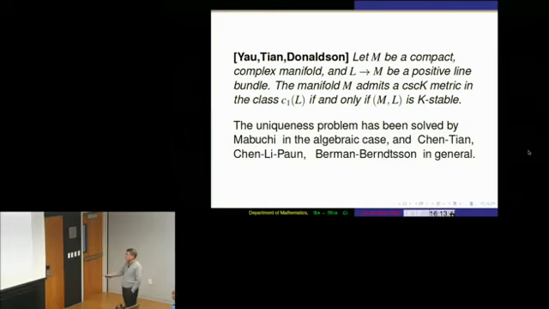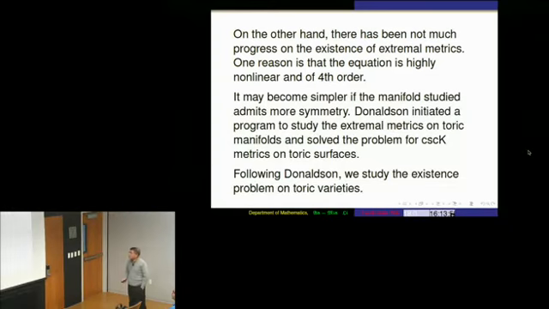The uniqueness problem has been solved by Mabuchi in the algebraic case and by Chen, Tian, Chen, Li, Hao, Berman, and Darvas in the general case. On the other hand, there has been not much progress on the existence problem. The reason is that the equation is highly nonlinear and of fourth order. So this problem is very difficult.